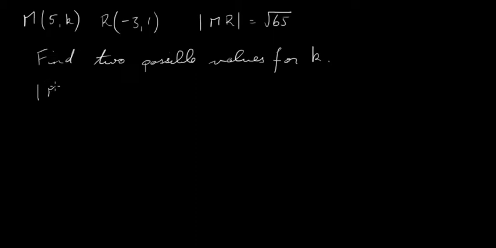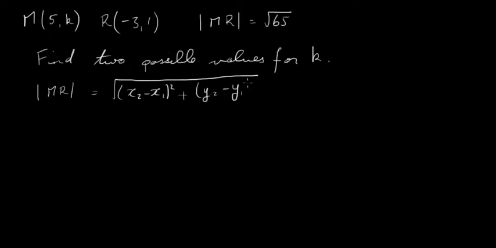So the distance between M and R is going to be this formula here, which is the square root of (x2 minus x1) squared plus (y2 minus y1) squared. We're going to stick everything into this formula, and we should be left with one unknown, k, and somewhere down along here be able to isolate k, so we should end up with k is equal to a number, or 2 numbers in this case.